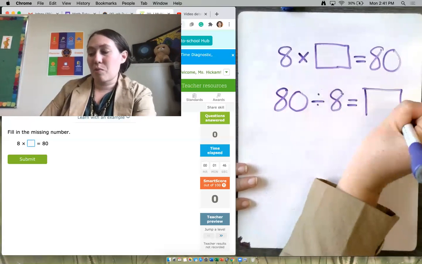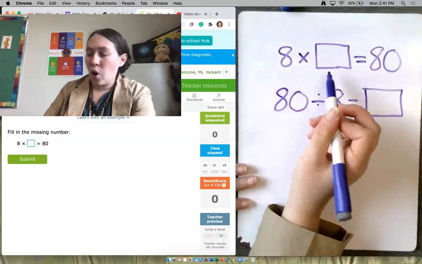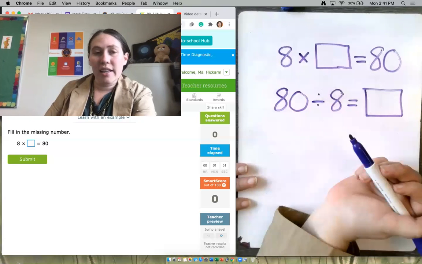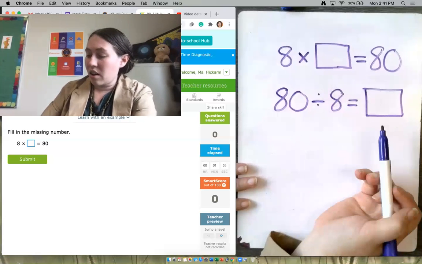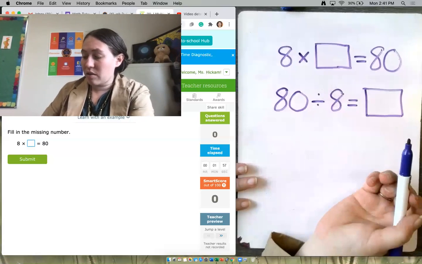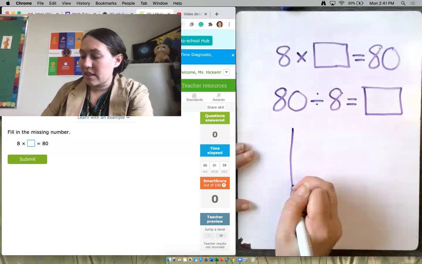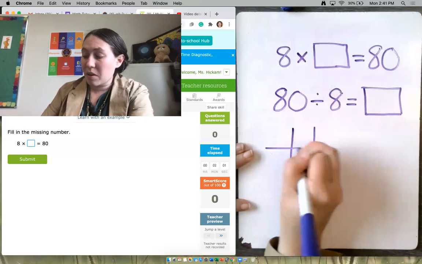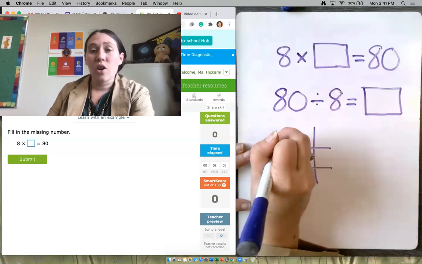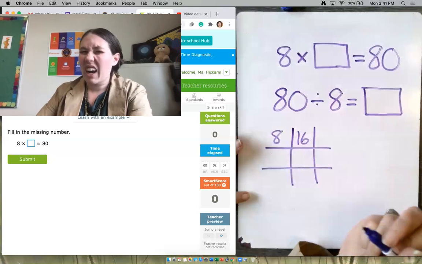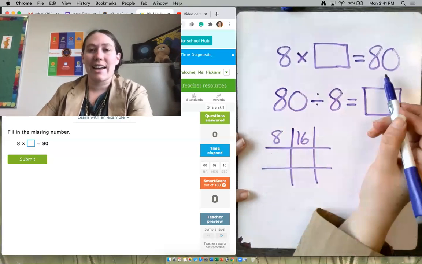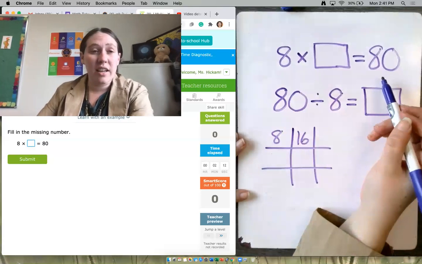So 8 times what equals 80? Or 80 divided by 8 equals what? I could do a tic-tac-toe, counting by 8s, to get to this one and help me solve it. Or, since it's 80, I just know this one, it's 10. 8 times 10 equals 80.